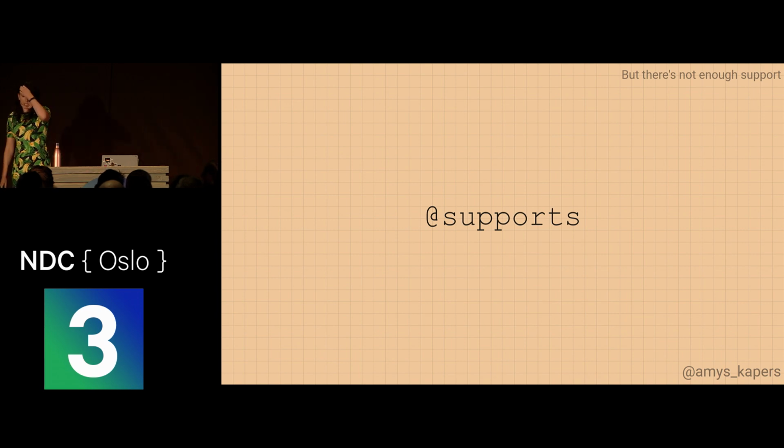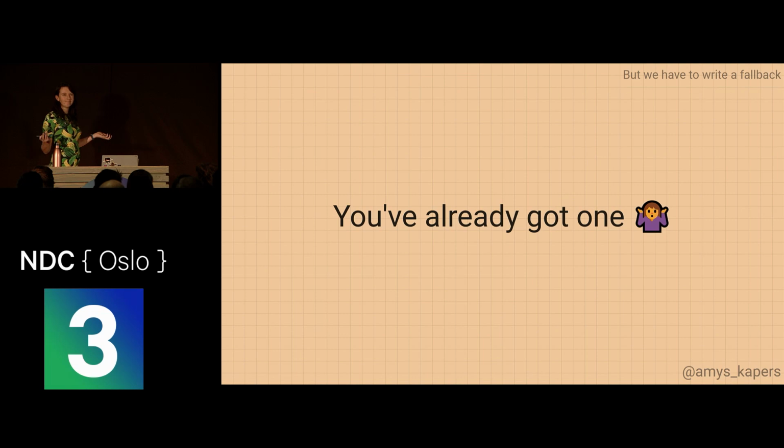People are going to say, well, but then we've got to write a fallback for the other browsers. You've already got one. Your layout isn't currently using Grid. That's your fallback. Write Grid code inside of a supports query, and any new browsers will get the Grid layout.